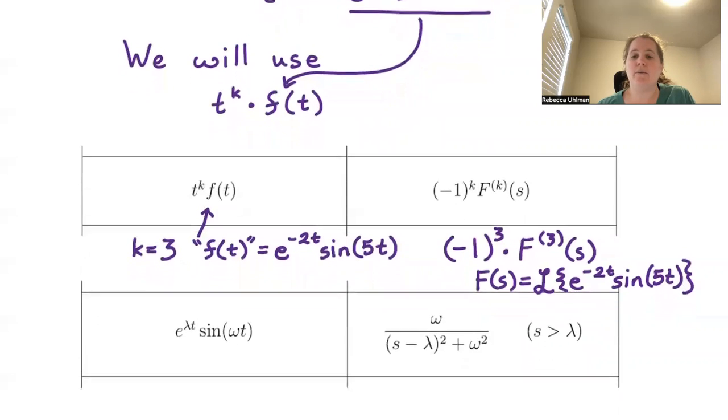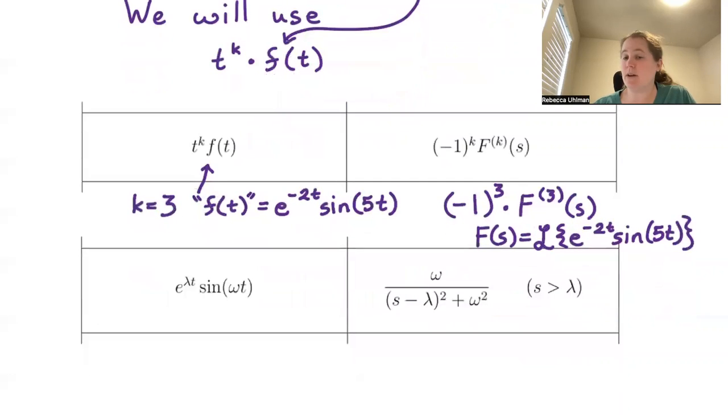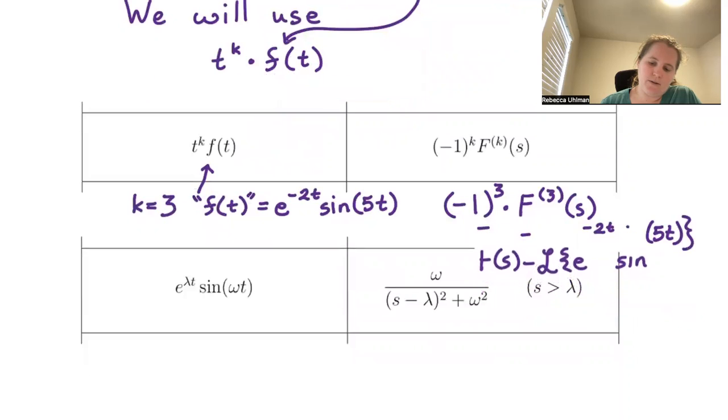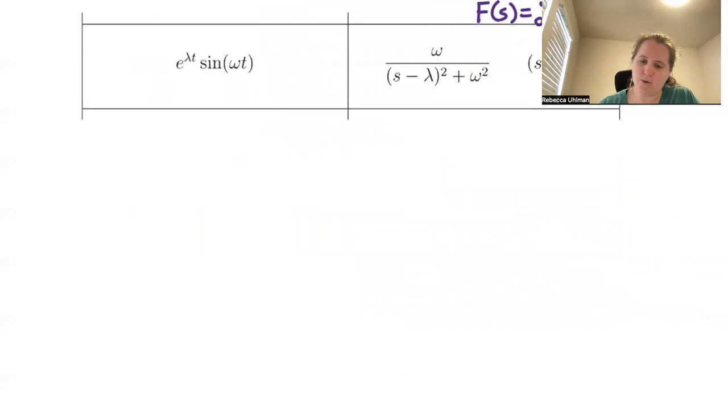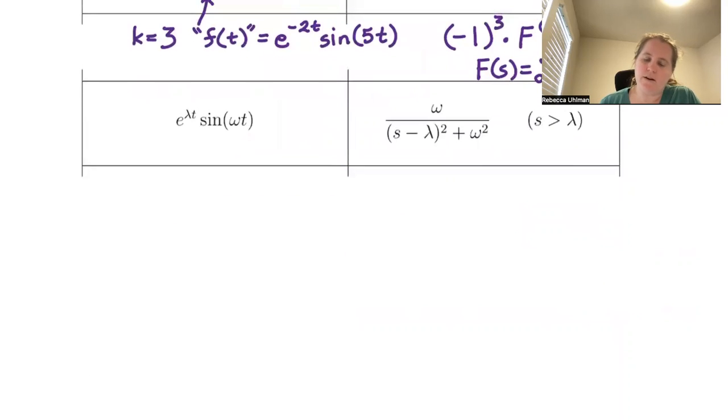Having done that, we now need to know what is the Laplace transform of e to the negative 2t times sine of 5t. And in order to do that, oops. Sorry about that. I didn't expect everything to move, including the writing. All right.